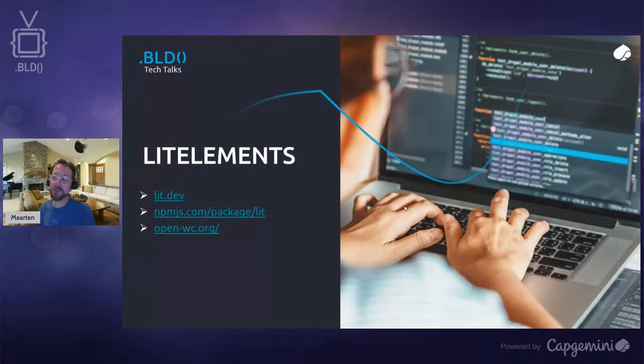I'll make use of openwc.org, which is a library that can create Lit Element web components and really do all the scaffolding and creating the basic files for you. Lit is like a syntax as well, and with OpenWC, which sounds a bit weird in Dutch, but bear with me, it can create all the boilerplating for you.